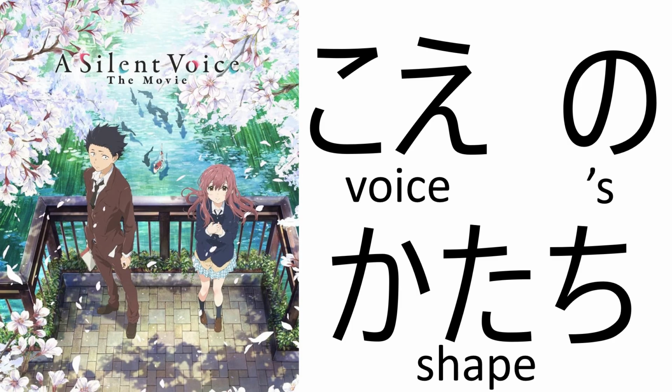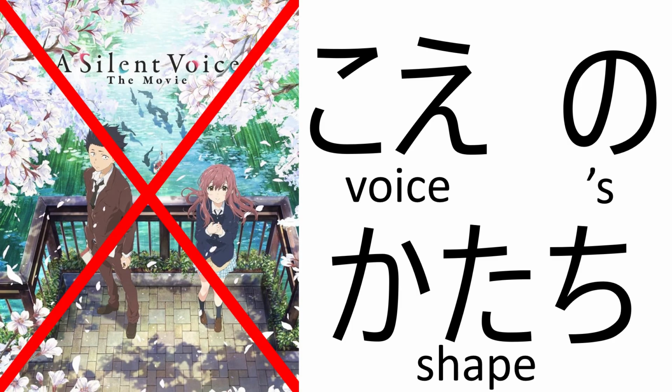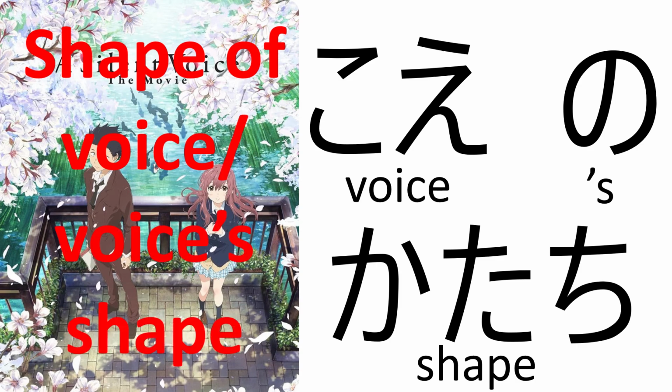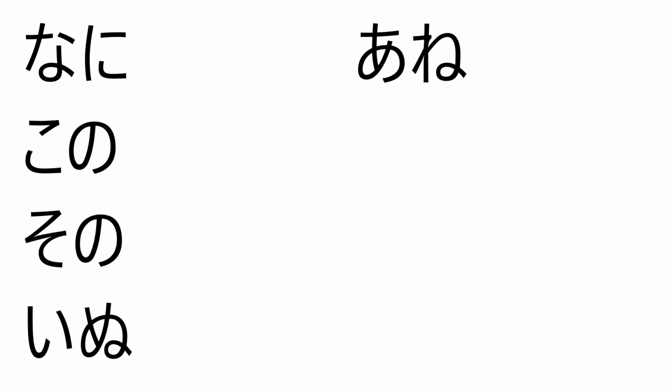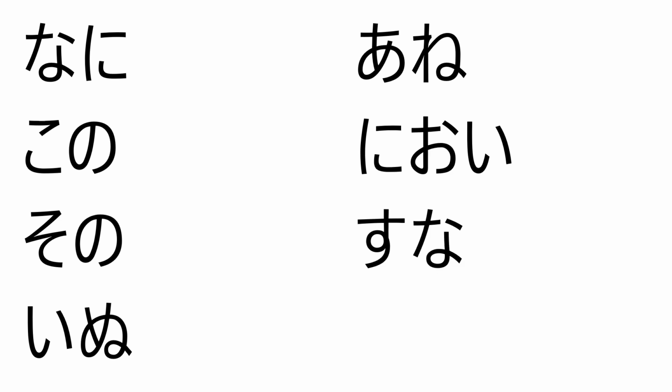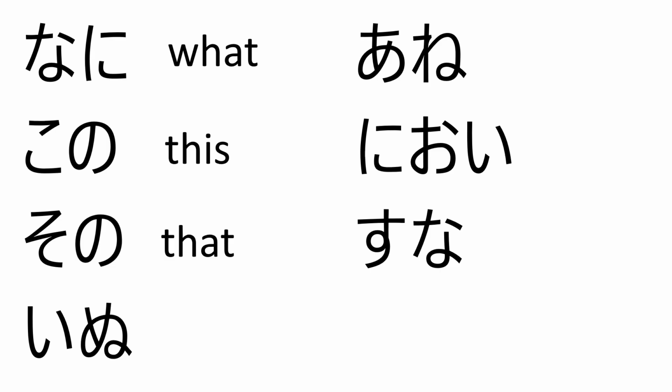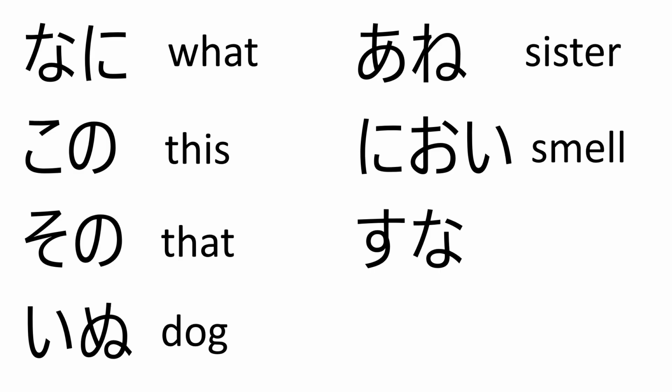So Silent Voice isn't as much a silent voice as it is the shape of voice, or voice's shape. To add some words to your vocabulary, try remembering nani, kono, sono, inu, ane, nioi, suna, which respectively mean what, this, that, dog, sister, smell, and sand.